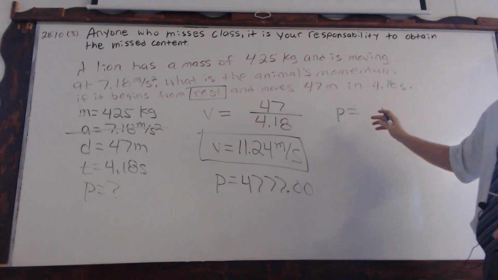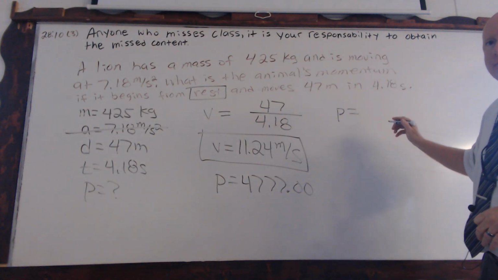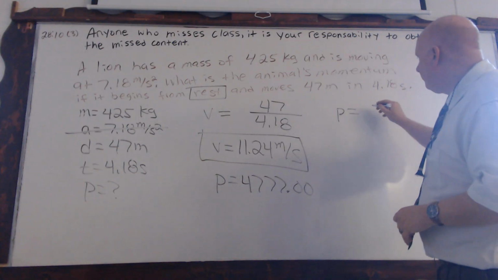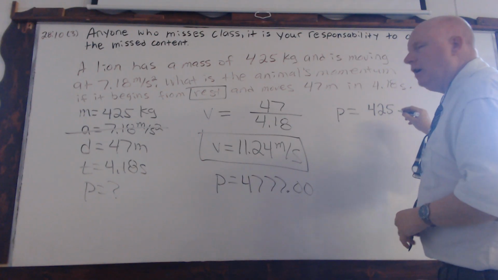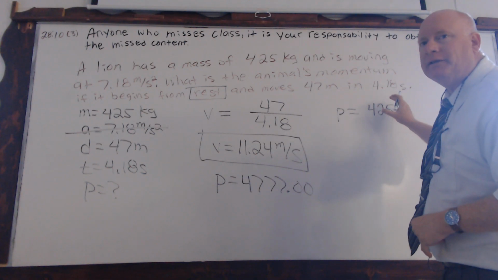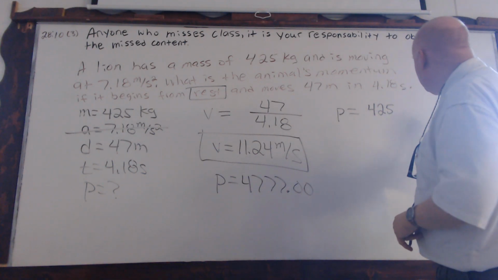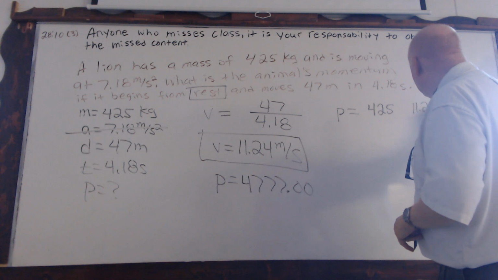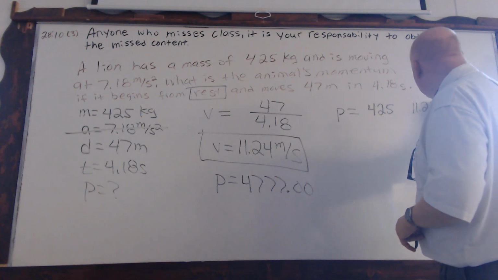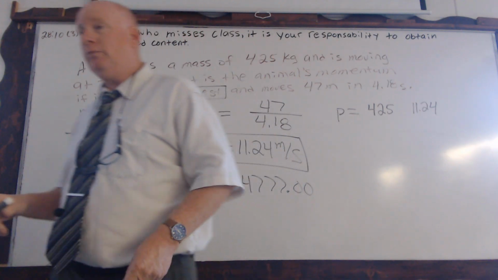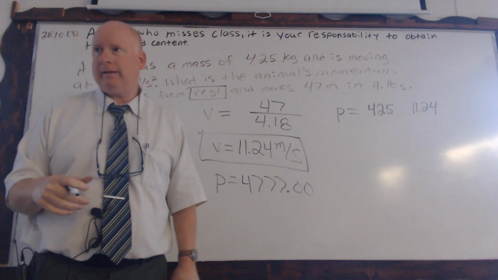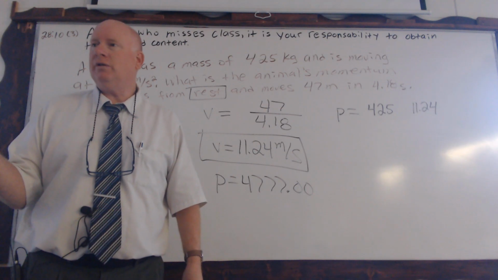What is your mass now? 425. And what is your velocity now? 11.24. So if we're taking our mass times our velocity, how do we illustrate that? There are 3 different ways you could do it.